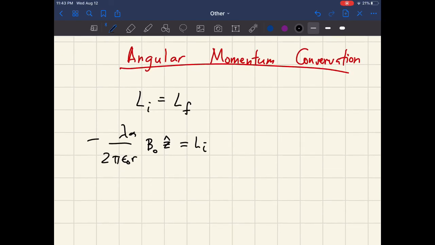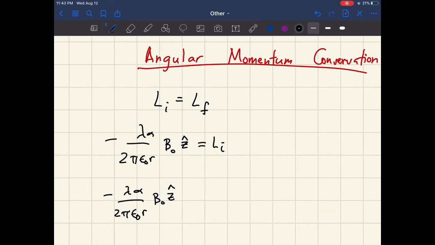Now what's Lf? Well, we have our negative lambda alpha over 2 pi epsilon naught r B naught z hat. Oh, I forgot to tell you something. Because we want unit length, we're going to multiply that by the area, which is pi r squared.